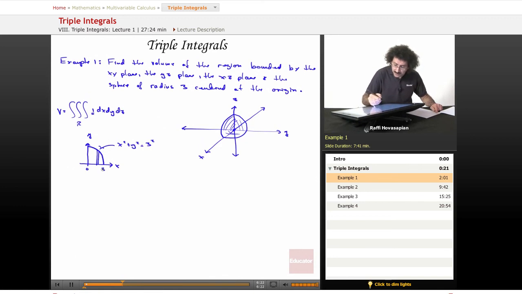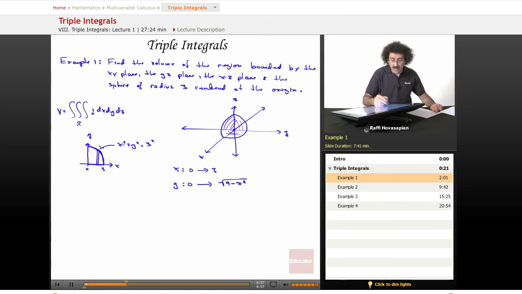0 and 3. So as far as the x variable is concerned, x is going to go from 0 to 3. The y variable, well, y is changing. The height is changing. So y is going to run from 0 to this equation, which I have to express explicitly in terms of x, which becomes radical 9 minus x squared, right?